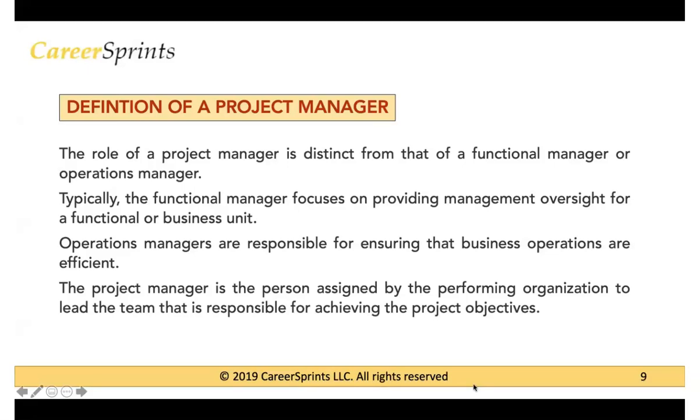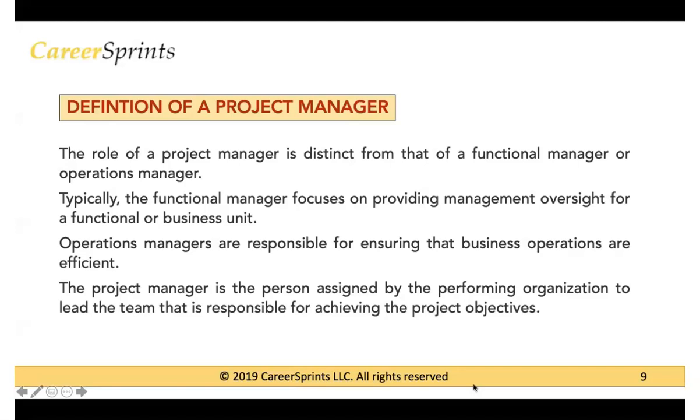So all these are different job titles that are given to people. A development manager would be focused on managing a team of developers. A test manager would be responsible for managing a team of testers, right? A QA manager or a QA lead would be responsible for managing a group of quality assurance people.